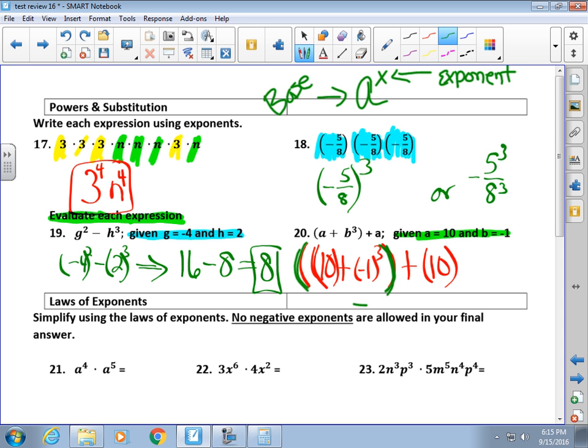Alright, so negative 1, and then I bring down my plus, and then I got a 10 here. So now, I have 10 plus negative 1. What's 10 plus negative 1? That should be 9. And then I got a plus 10 out here. So 9 plus 10 is 19.